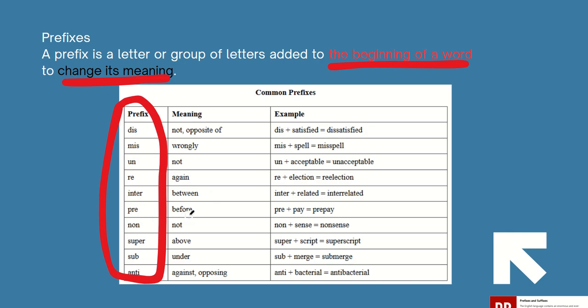Pre means before, like prefix here, before the word. Non means not, means no. Super, above, over. Sub, under. And anti means against or opposing. So you can see the position of a prefix is in the beginning of the word.